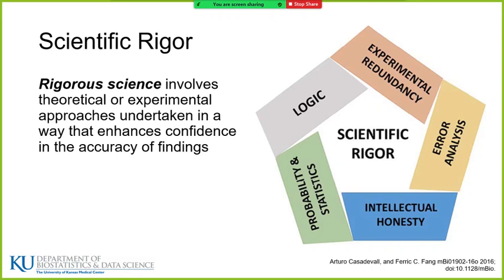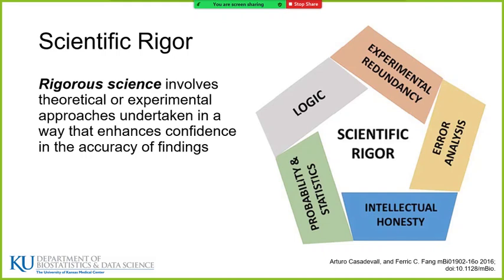So there's a figure here that I really like. It's kind of the pentagon of scientific rigor, and it shows you all of the different pillars that make up rigorous science, and if one or more of these is flawed, then we end up with studies that may not be reproduced. For instance, intellectual honesty, that's a part of scientific ethics.